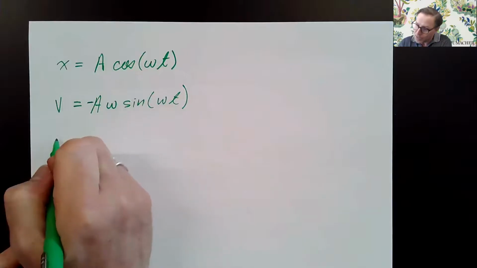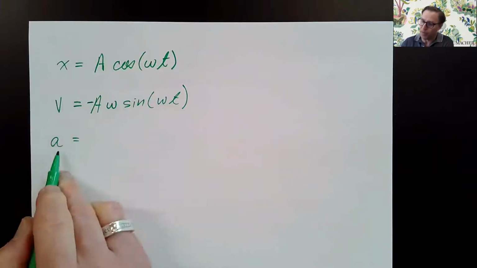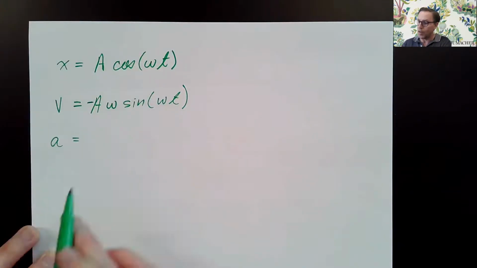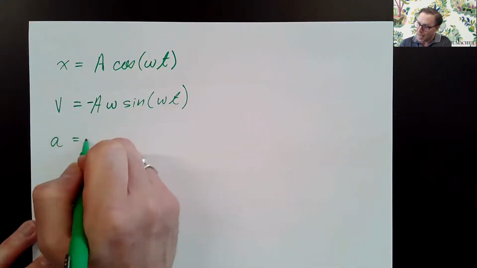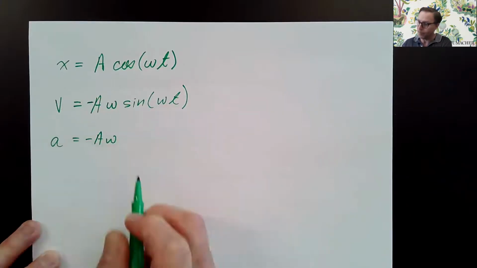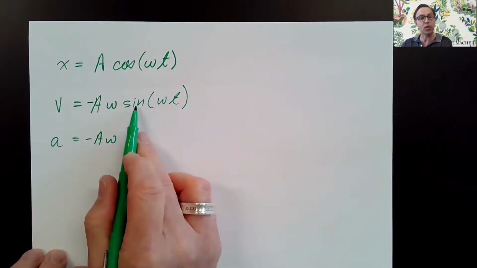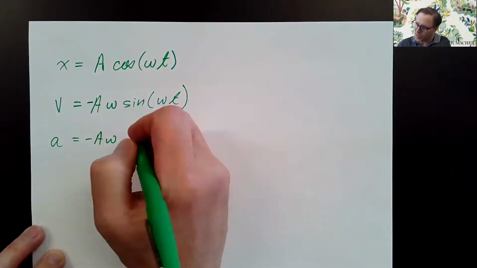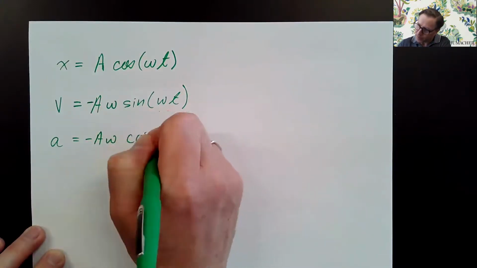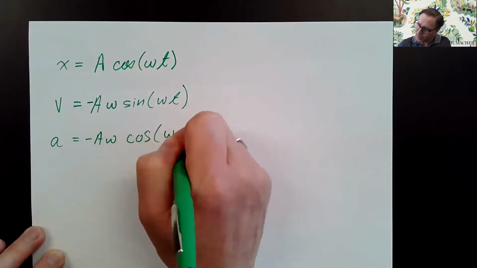Hey, let's talk about acceleration. We've talked about acceleration being the derivative of velocity. So here I've got my constant minus A omega, and then I'm going to take the derivative of sine, which is cosine.